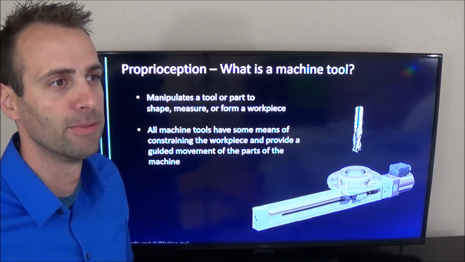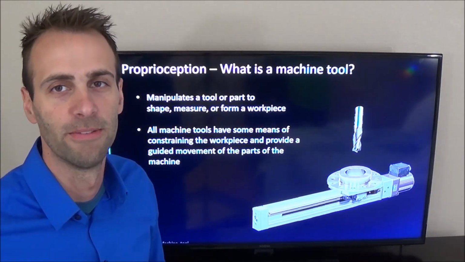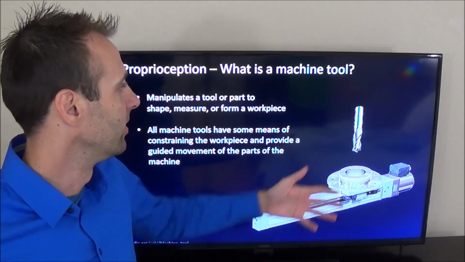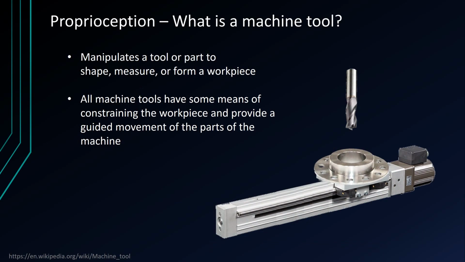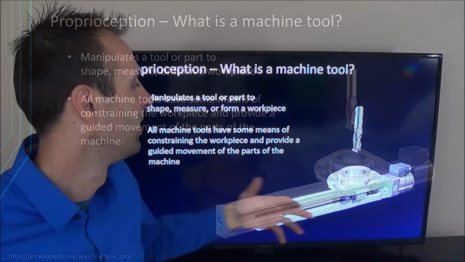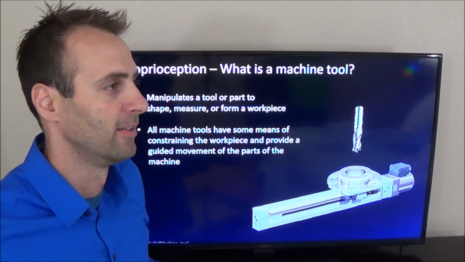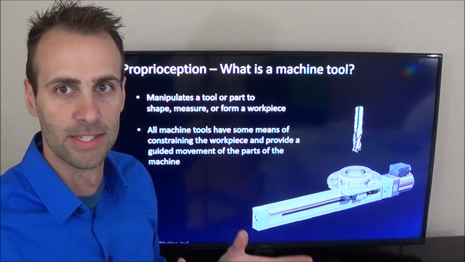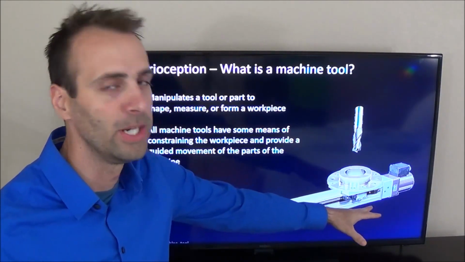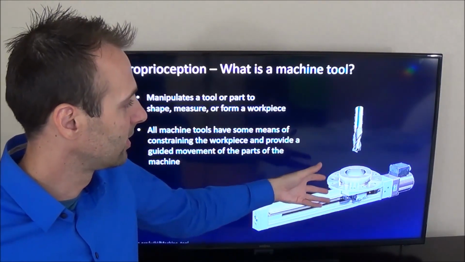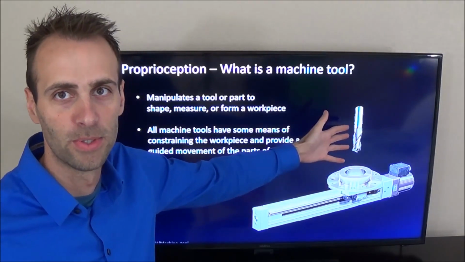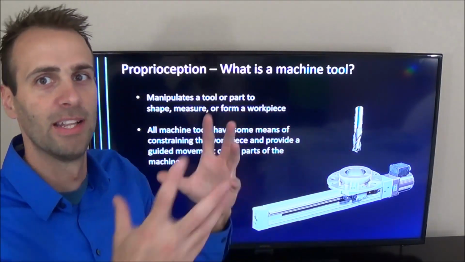All of these things are machine tools: lathes, mills, everything. But fundamentally there's some kind of tool, whether it's an extruder or a touch probe for a CMM. There's some type of part that you're working on, even if the part doesn't actually exist yet.